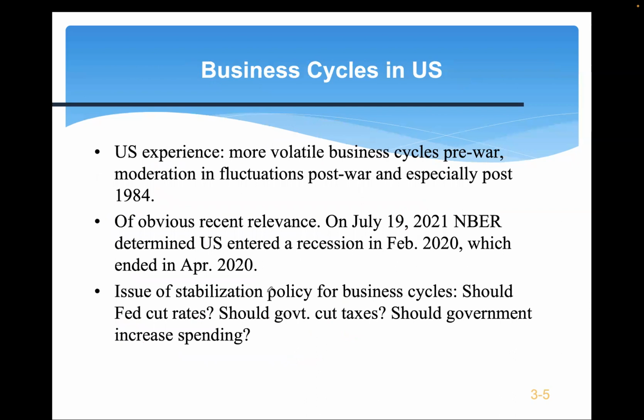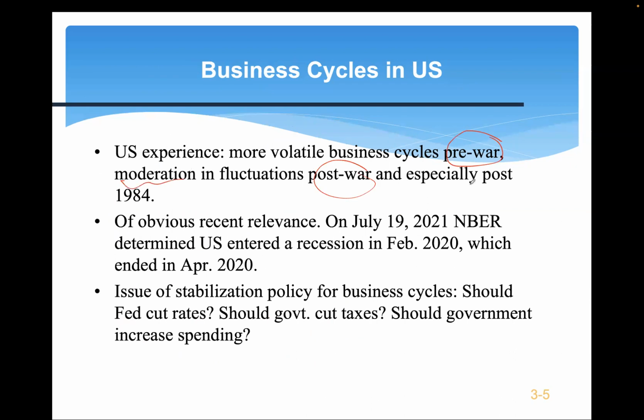Before I show you the data, I want to highlight that it is usually very difficult to understand or predict or even to measure the business cycle. The US economy was more volatile before World War II. And after World War II, it becomes moderate.